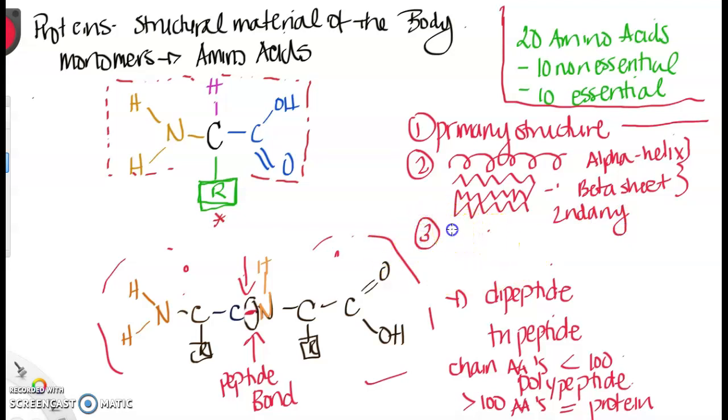The third way is called a tertiary structure. The tertiary structure is when we take an alpha helix or a beta sheet and intertwine them together and bend those around. That structure is a tertiary structure. There's also a quaternary structure.